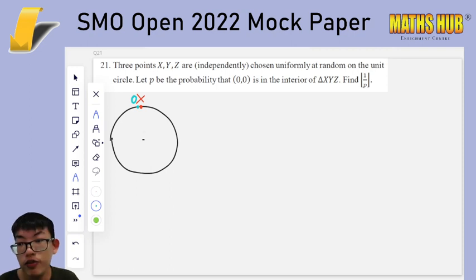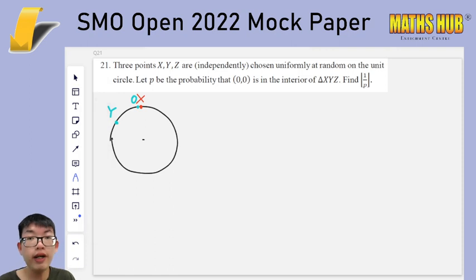Now, let's see if you put y at any arbitrary location, let's say somewhere down here. If you put y down there, then where would z have to be in order to include this point, which is the origin? Well, the furthest it can go would be basically just anywhere within this wedge.